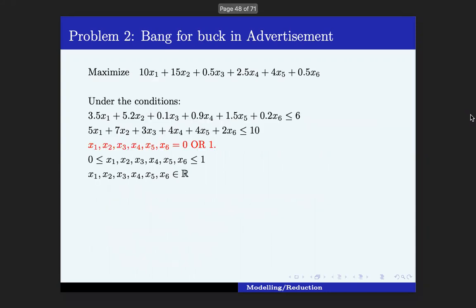And now we can solve it by LP. Then using this p1 to pn as solutions, you can come up with a proper solution. For example, you can think of them as probabilities and so on.